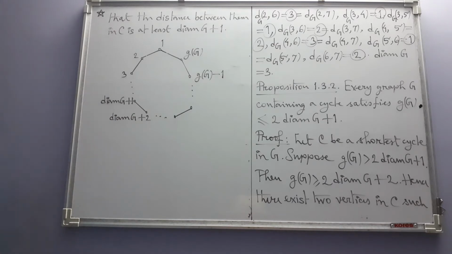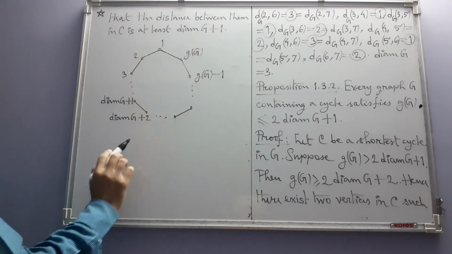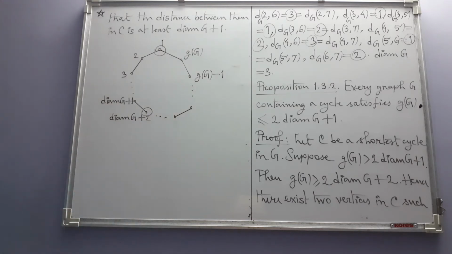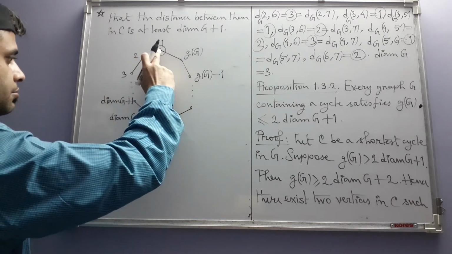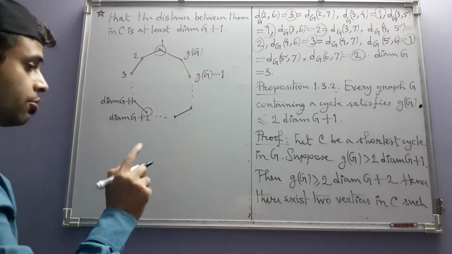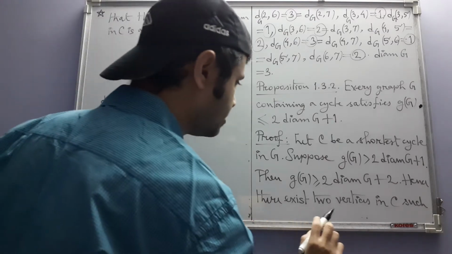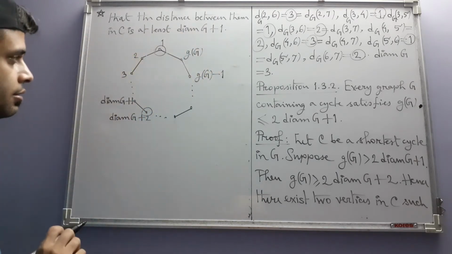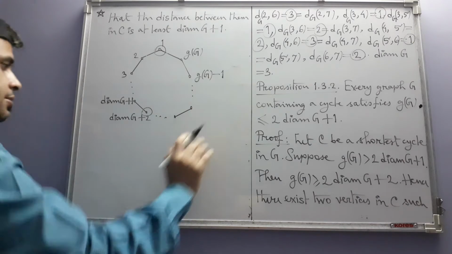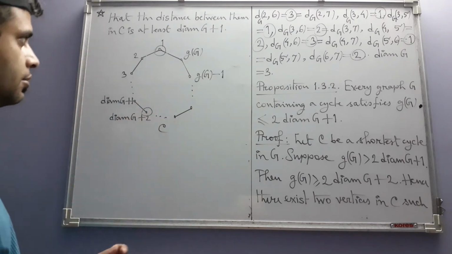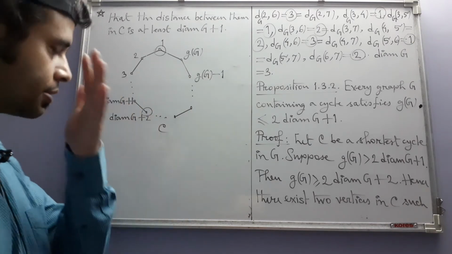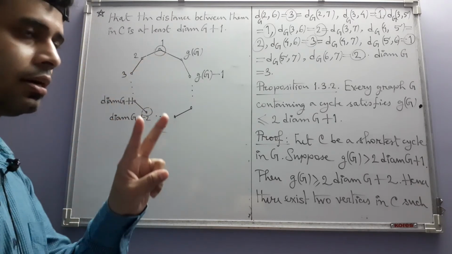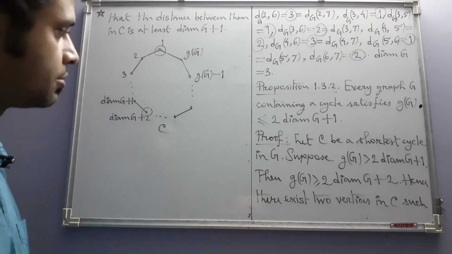Now, what is the distance between 1 and this vertex? Keep in mind that we are saying that this distance we are calculating is in C. That means C is the graph in which we are calculating the distance. Now in C, between these 2 vertices, there are exactly 2 paths.